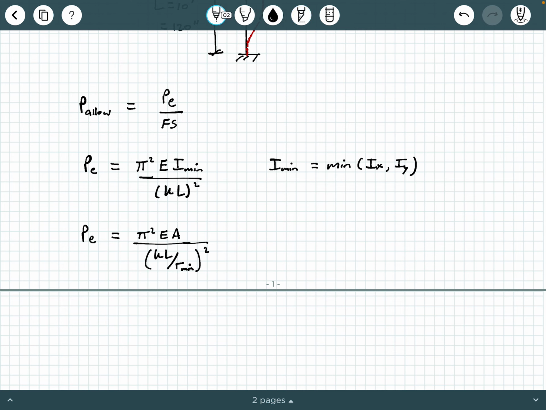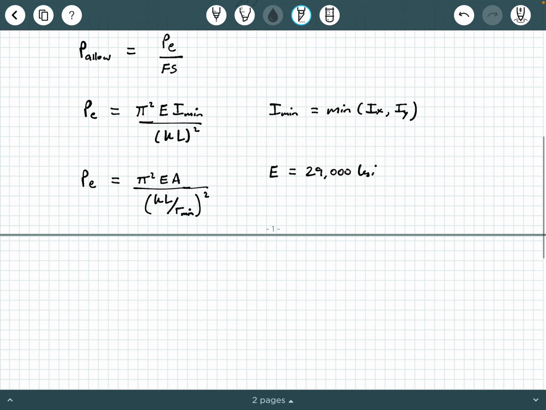We also said that the material was steel, and do we know the modulus of elasticity of steel? Hopefully we do by now. The modulus of elasticity of steel is 29,000 ksi. That's the safe bet unless you are deliberately told something different.